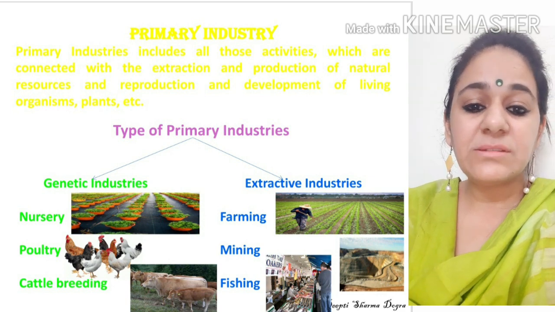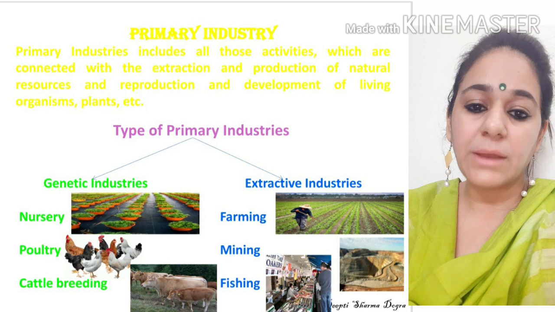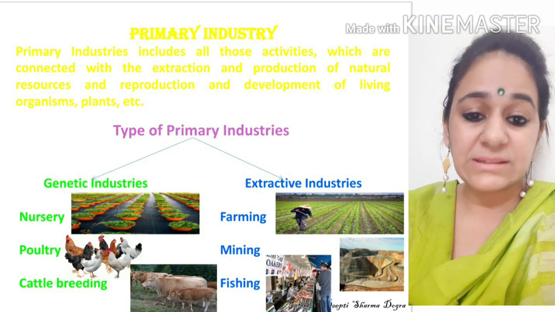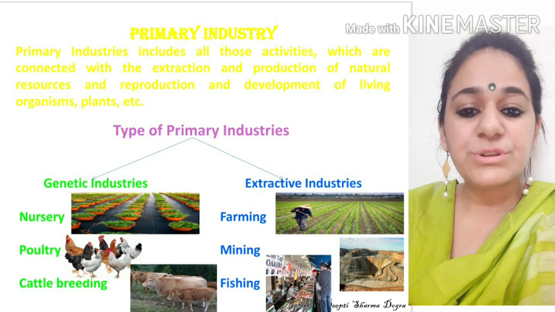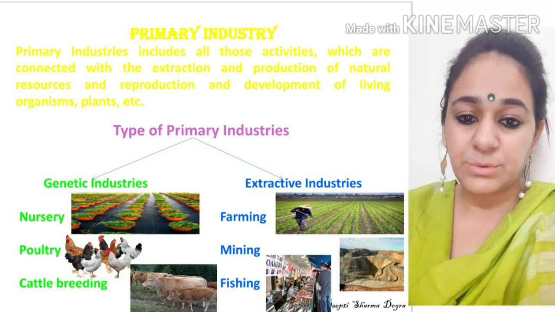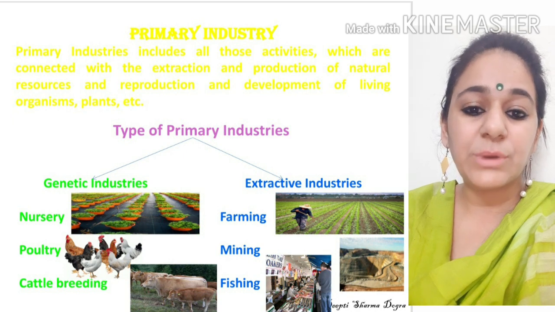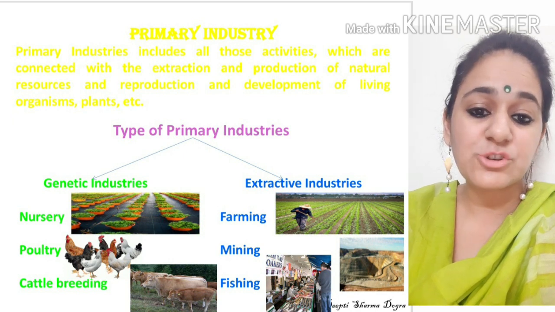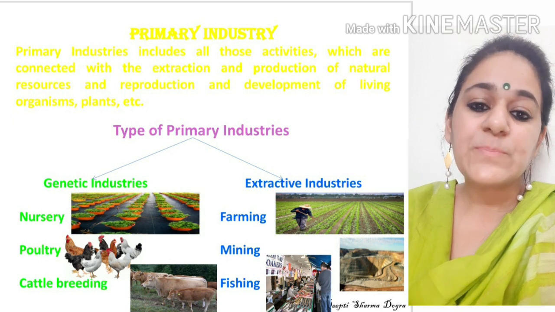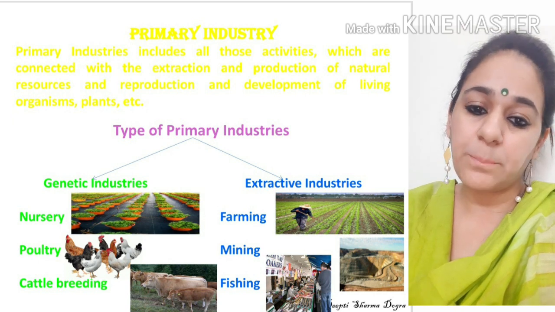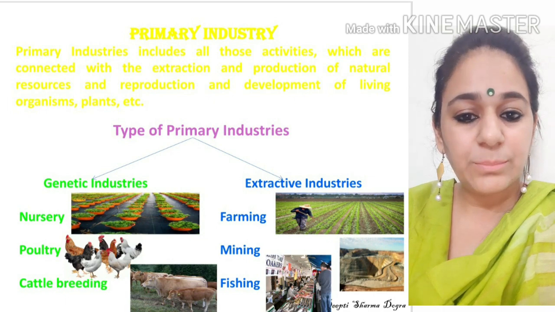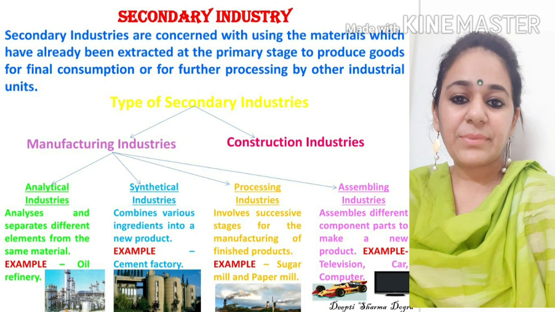Genetic industry means reproduction and development of living organisms, plants, etc. with the sole motive of sale. Primary industry includes all those activities which help in reproduction or multiplication of animal species or plant species with the sole motive of earning profit. And the best examples are nursery, cattle breeding, poultry farming.